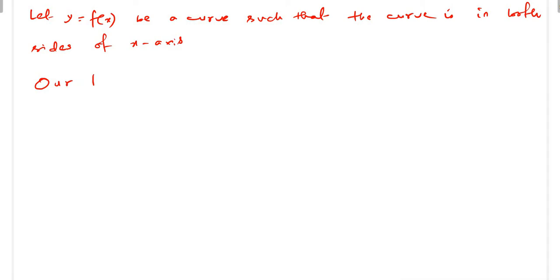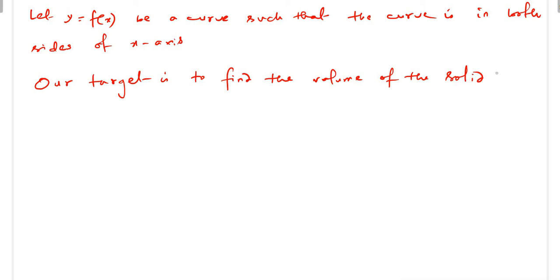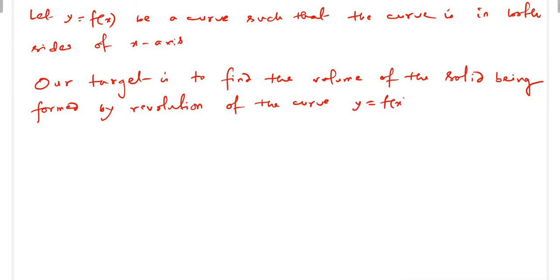Our target is to find the volume of the solid being formed by revolution of the curve y equal to f(x) between x equal to x0 suppose, and x equal to x1.